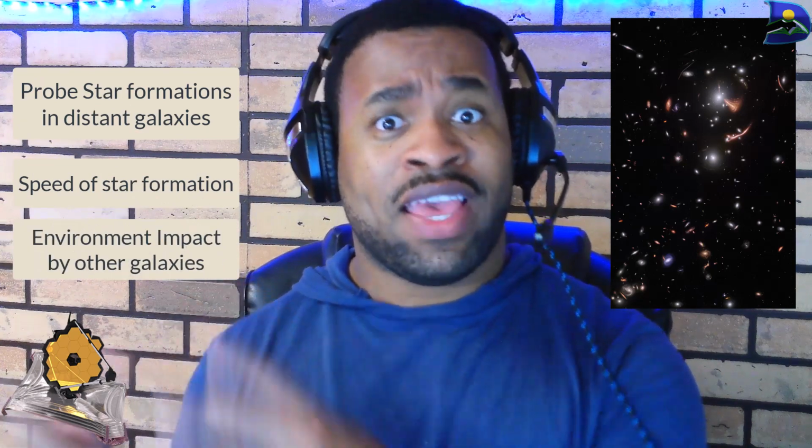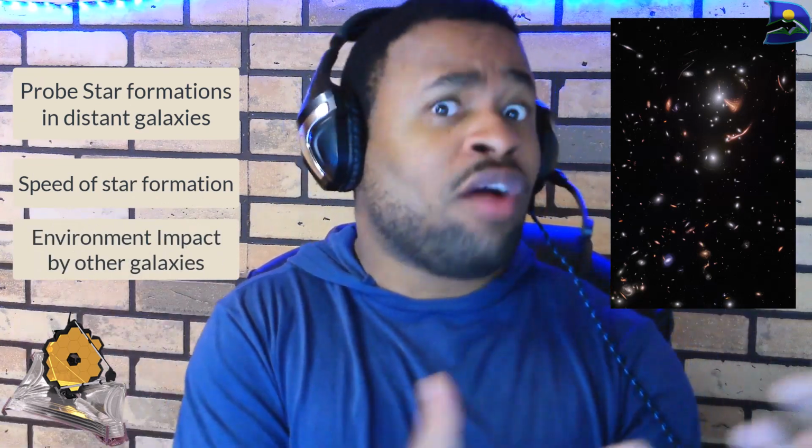Now, looking at the implication of this particular image, it shows a lot of things with regards to probing star formations in distant galaxies. In addition to that, it also reveals how quickly a star can be formed in distant galaxies, and how the environment around those galaxies can impact the formation of stars.